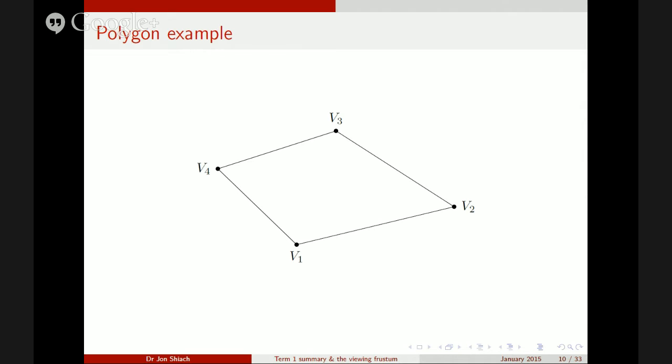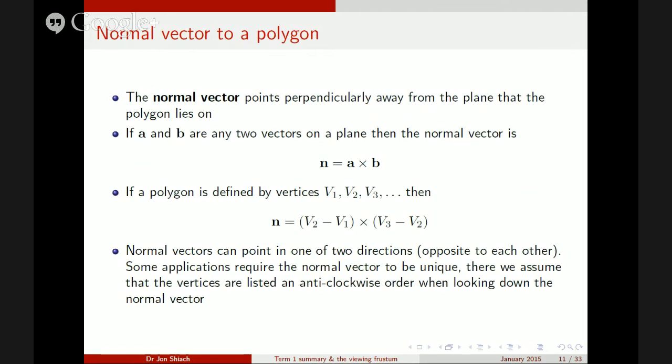Vertices of the polygons, I tend to use V's to denote vertices, for an obvious reason. Right, normal vector. You've dealt with this in term 1. Some of the stuff we're doing in term 2 requires a normal vector to be uniquely defined for a given polygon. Now, a normal vector is any vector that points perpendicularly away from a plane.